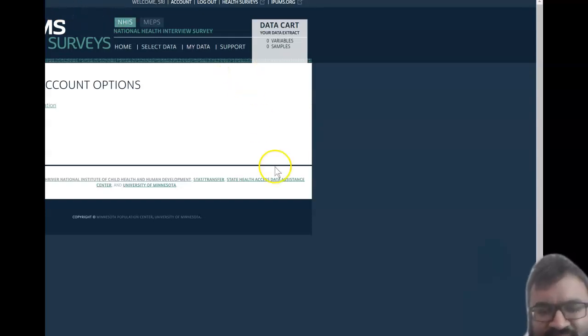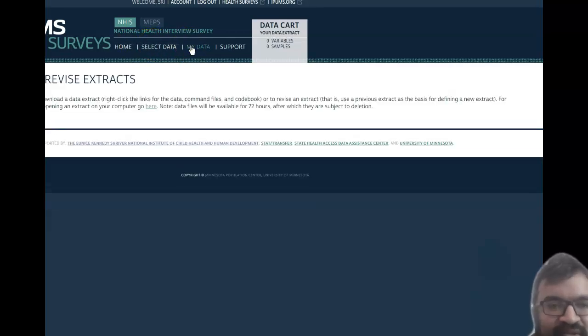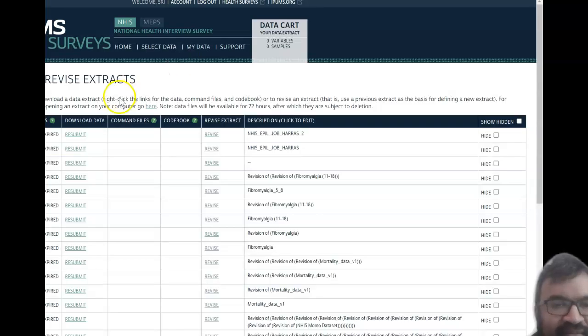So now that I'm logged in here, I can show you the menu and whatnot. Here's my data that's already available, the extracts. And then you can download this. There are SPSS files that you can directly access.